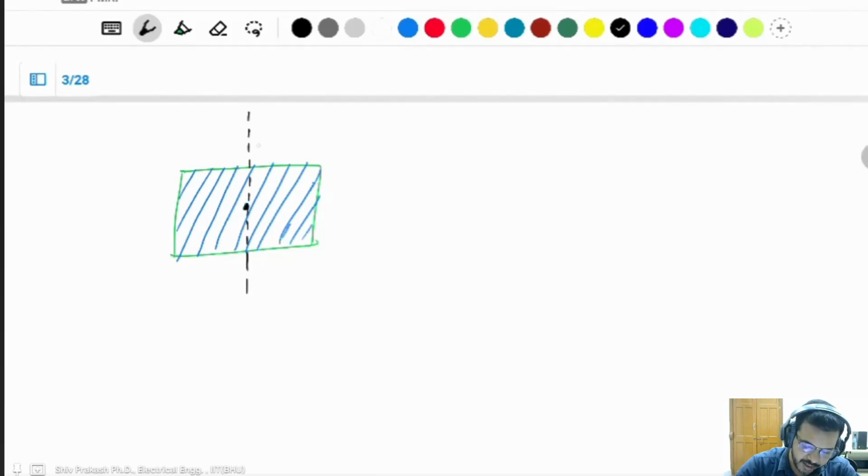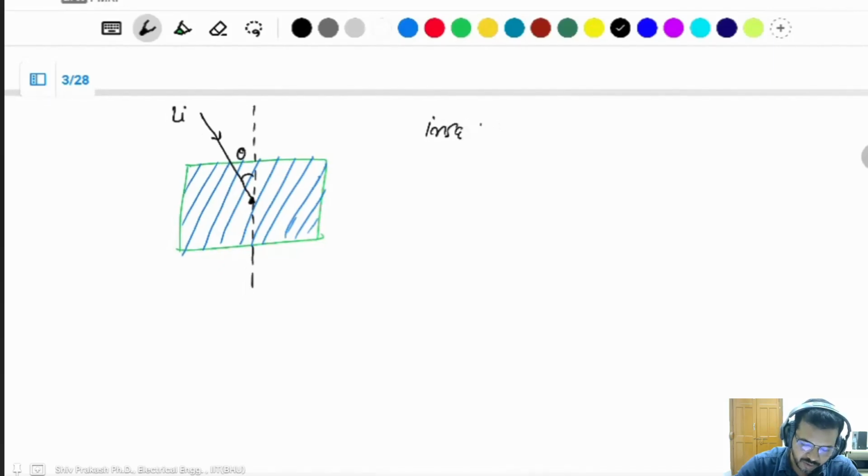Suppose this is the exact 90 degree of the panel, and the insolation is like that. Irradiance of sunlight at some angle like theta. The insolation is not the same. Sorry, insolation, not isolation.